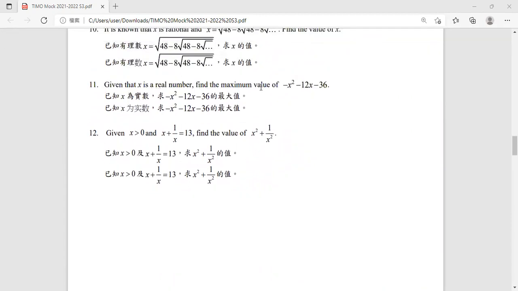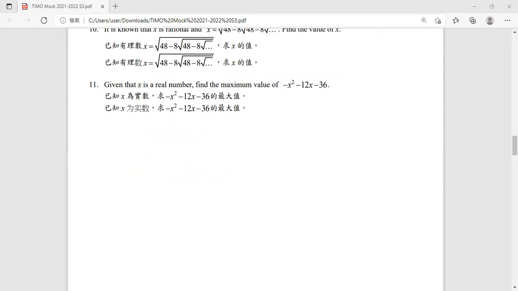Given that x is a real number, find the maximum value of negative x squared minus 12x minus 36. This one I think is very straightforward. I don't think it's easy, but it's straightforward, because you take the method and you finish it. Take out the negative, then it will be x squared plus 12x plus 36, which is equal to negative x plus 6 squared.